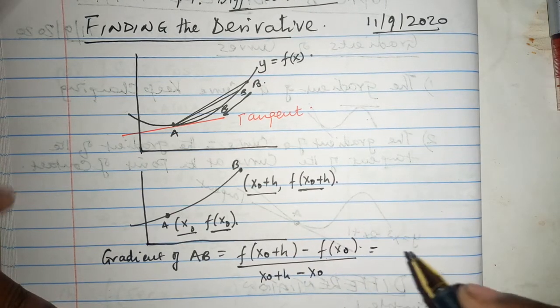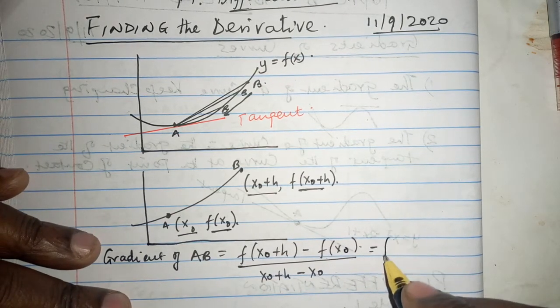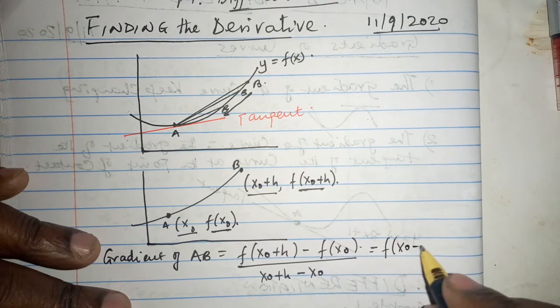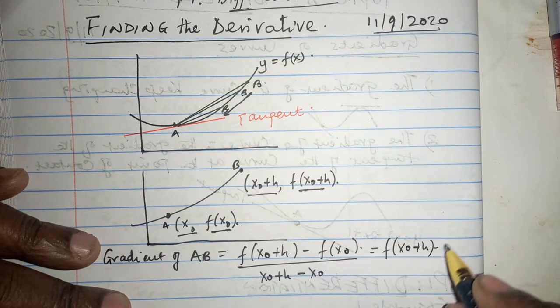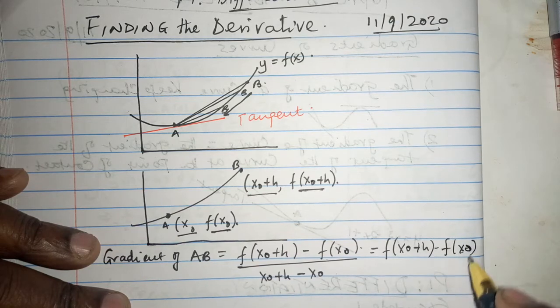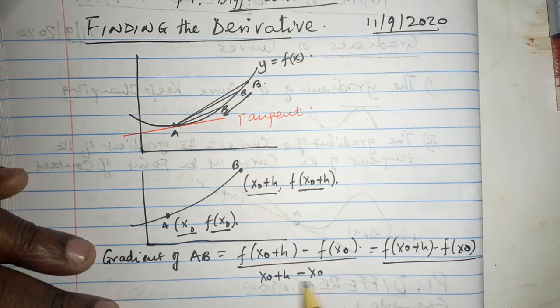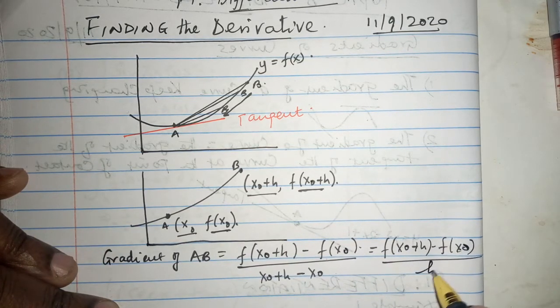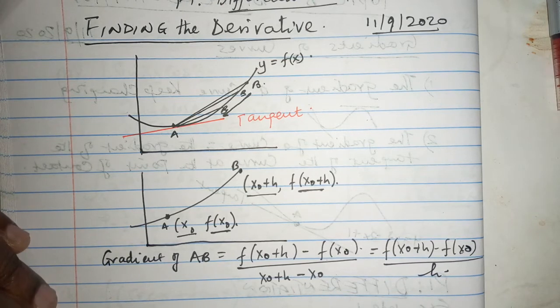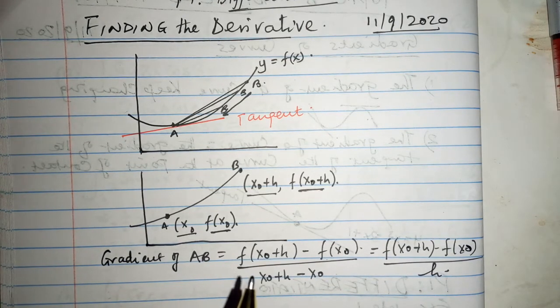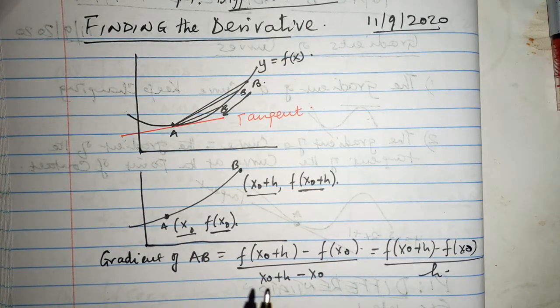So it will always be equal to f(x naught plus h) minus f(x naught) all over, x naught minus x naught becomes 0, so all over h. And that is the general gradient function.